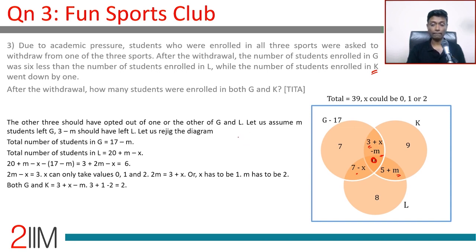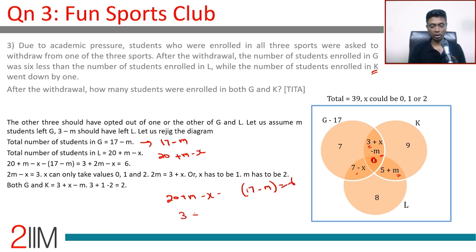G would be 17 minus M. The total number of students in G would be 17 minus M. Number of students in L would be 8 plus 7, 15 plus 5, 20, so 20 plus M minus X. The difference is 6. Obviously, the number of students in L is higher. So 20 plus M minus X minus 17 minus M is 6.